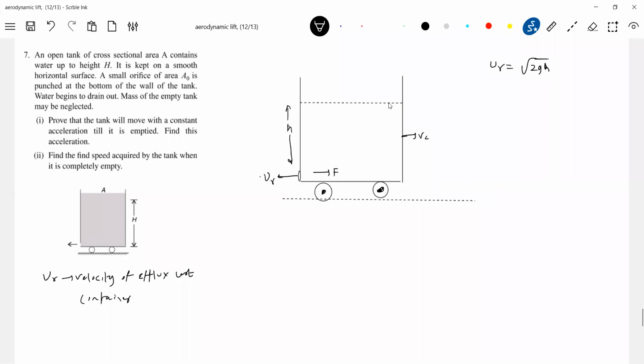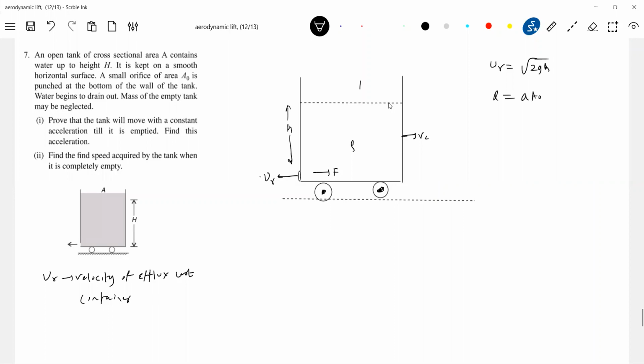Any flow rate, can we write it here? Let rho be the density. So flow rate Q should be equal to the area of cross section of the hole, A naught.